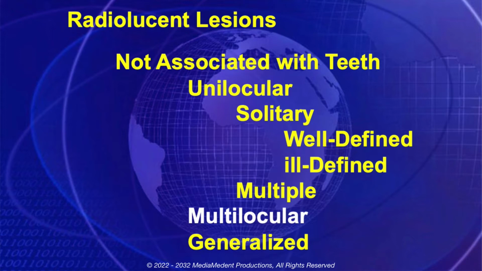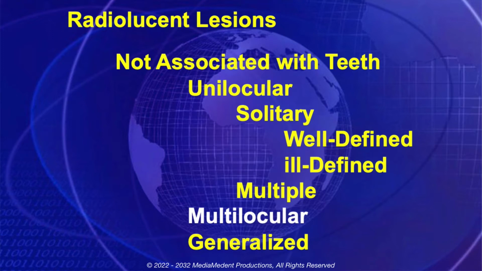Radiolucent lesions that are not associated with teeth may present as unilocular, having a single pathologic compartment, multilocular, containing two or more pathologic chambers partially separated by septa of bone, or generalized radiolucencies.